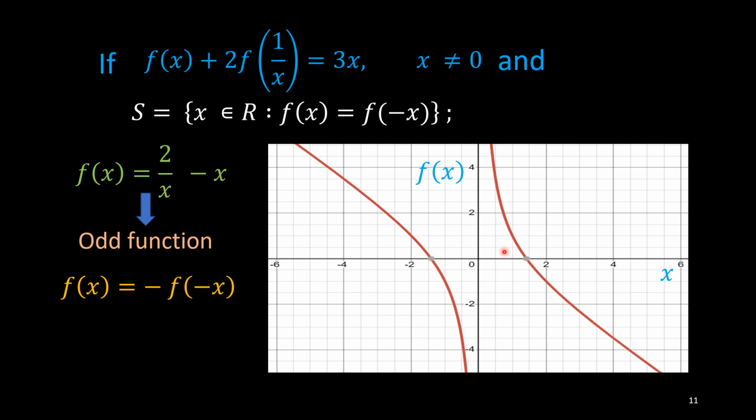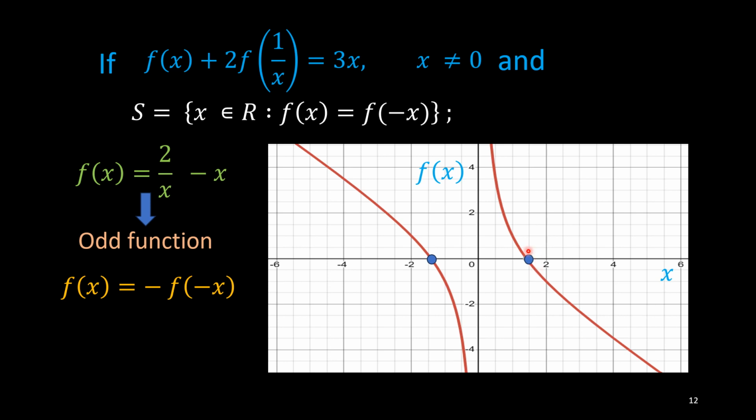Otherwise other values will be the same magnitude but the sign is opposite. Thus we cannot consider those in the S set. So you can notice that as the function is crossing the x-axis twice only, here and here, S should have only two elements. Okay, so our problem is solved.